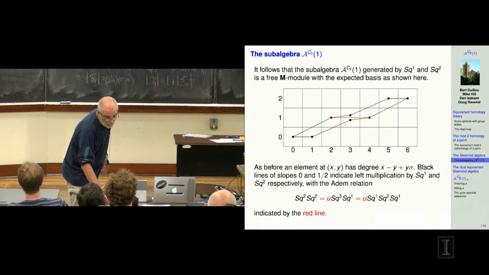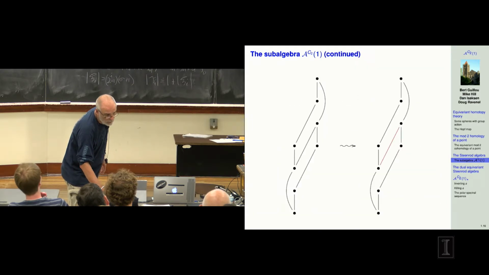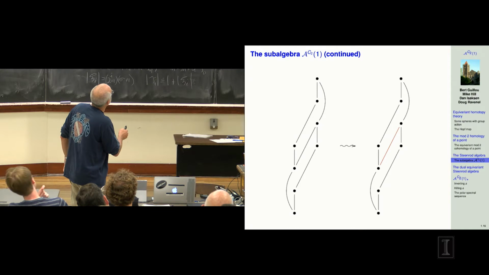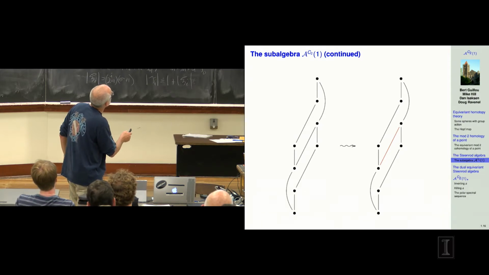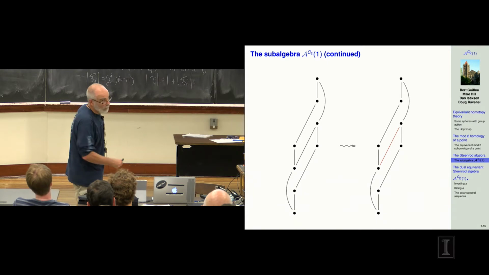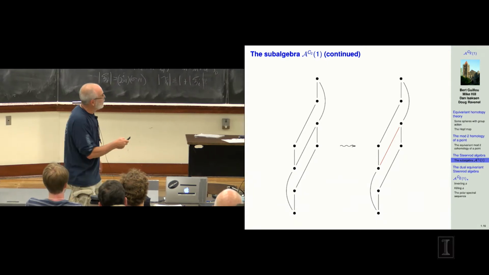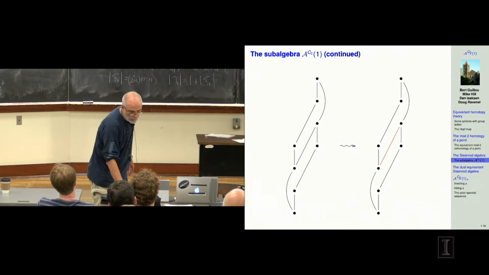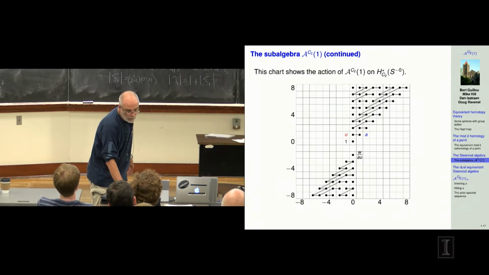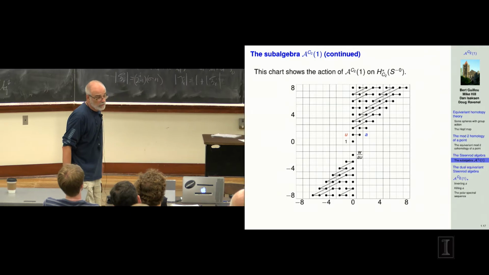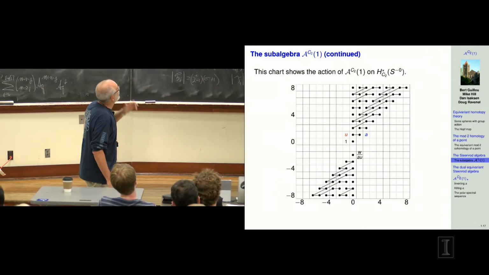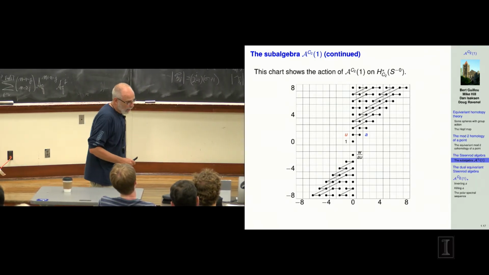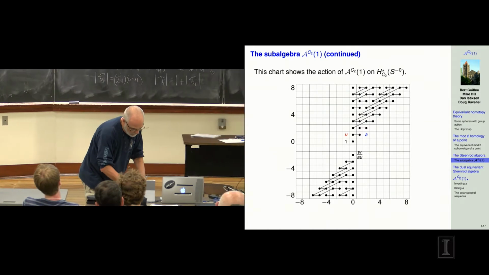Okay, so that's a picture of the Steenrod algebra, and here's another diagram. So this is Leanne's tattoo, and this is the C2-equivariant analog of it. This line is in red because it involves a factor of u. Okay, now here's a chart that shows how these two operations act on the coefficient ring.